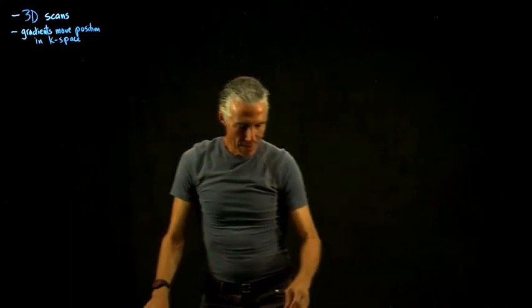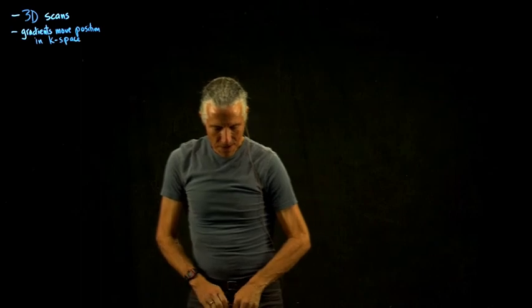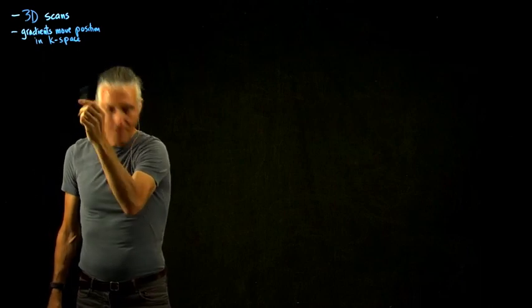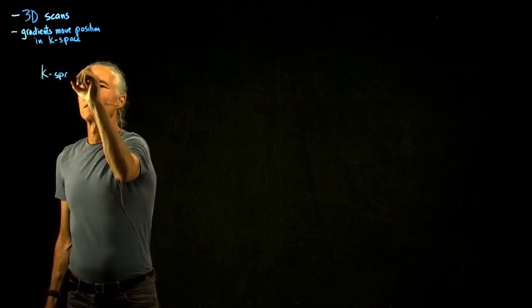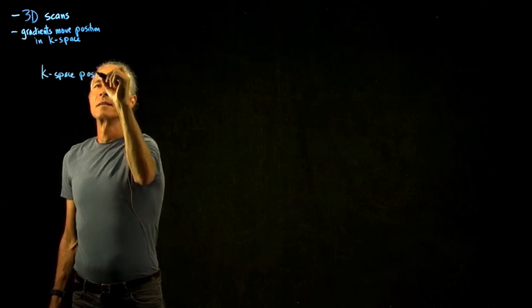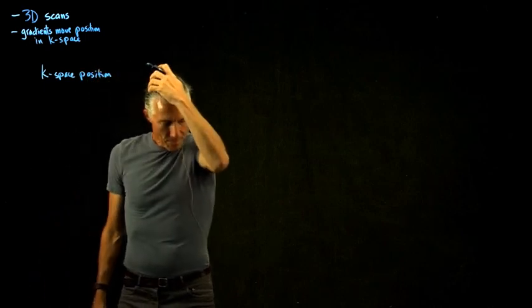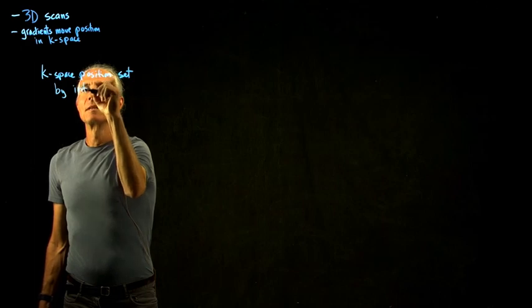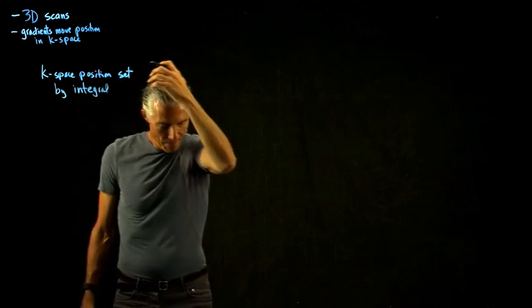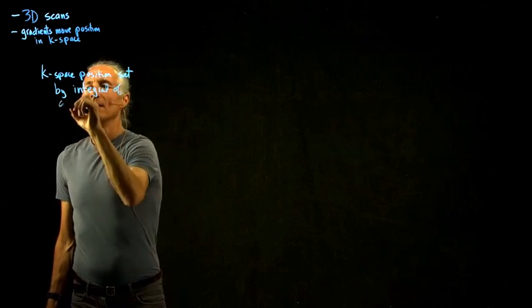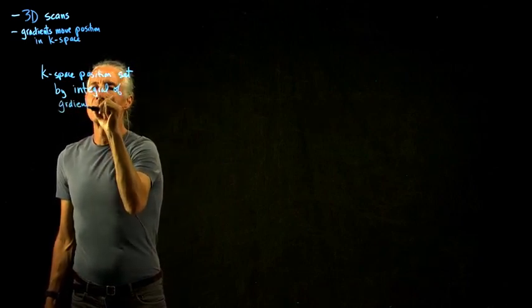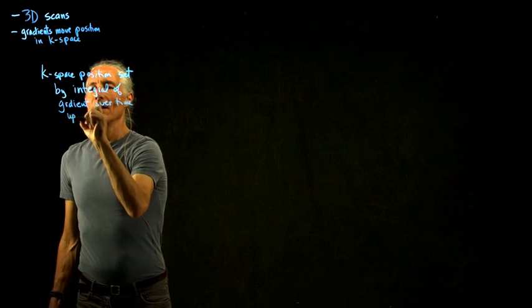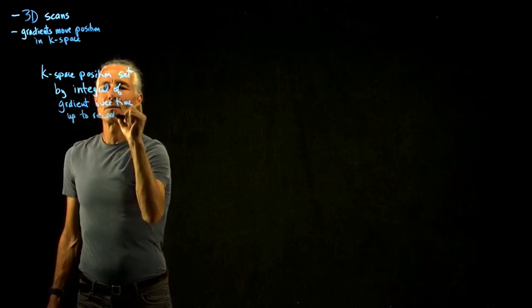So if we start off, K-space position is set by the integral of one of the gradients over time up to the record point.